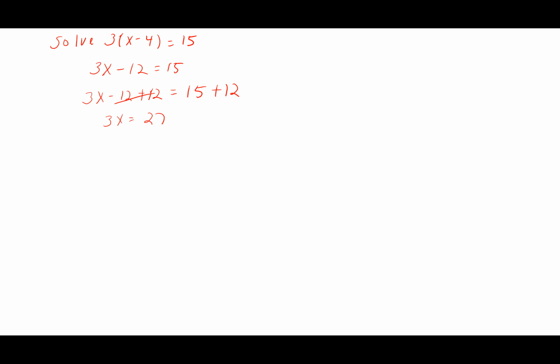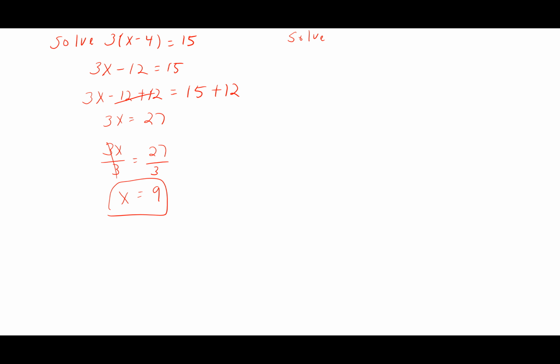Now we need to get this x by itself, and that's a multiplication, so we're going to divide. 3x divided by 3 equals 27 divided by 3. 3 goes away, and x equals 9. Okay? Pretty easy. The main thing is do your distribution through the equation, and then solve it just like we've been doing. Okay? Let's look at another one.